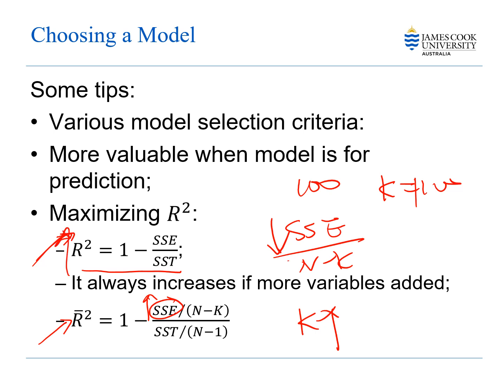But on the other hand, the denominator n minus k decreases as k increases. So this, in a sense, corrects for the undesired property of R squared, that the more variables you add, the higher R squared you always have.